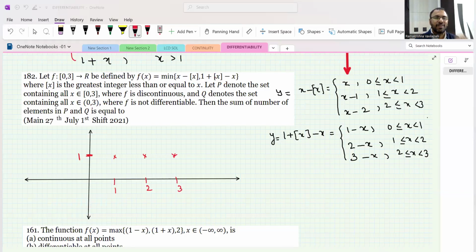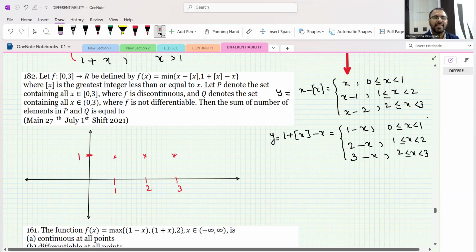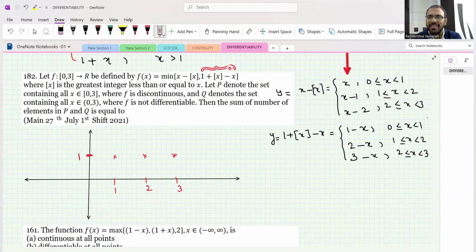Well, here is one more question on minimum and maximum of two functions. Here, minimum of x minus integral part of x, nothing but the fractional part of x, and here 1 plus integral part of x minus x. So we have to write the integral part of x value between two integers.